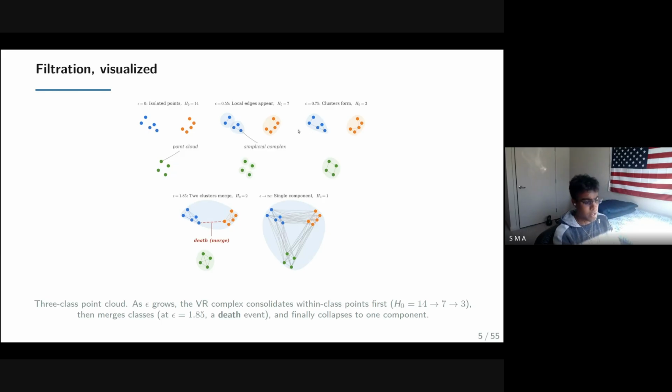You can imagine there are three classes, and these are the different images. As you perform the filtration process, you will notice that at a certain threshold, the data points of a certain class cluster together, because they're close to each other in the latent space. If they don't cluster together, then there's something wrong with the latent space, and that's the main hypothesis.